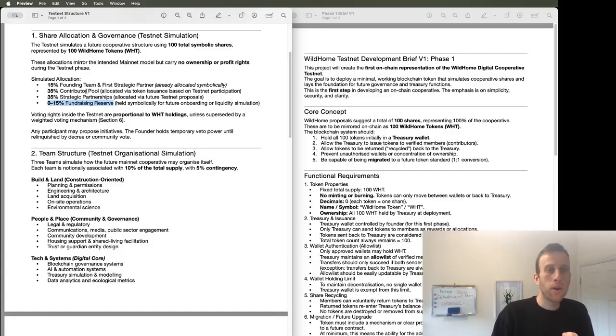The point of the contributor pool is people who are working on the project who will then be allocated tokens based on their contributions. The strategic partnerships is other organisations that share similar values that can contribute to the project but would also benefit from the equity holdings if it was to become a mainnet network.